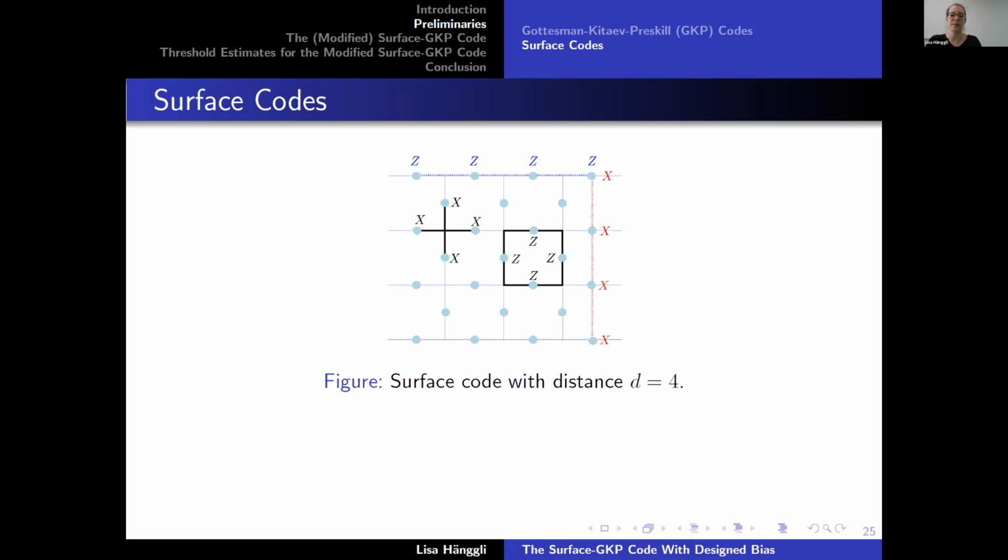And on the other hand, the plaquette operators or stabilizers, which are Pauli Z operators acting on the qubits on the edges surrounding one cell or plaquette of the grid.